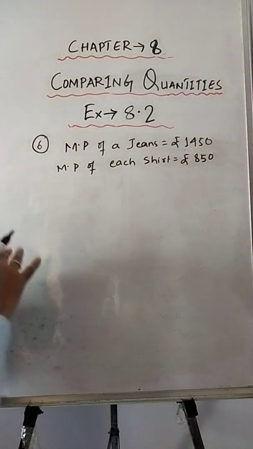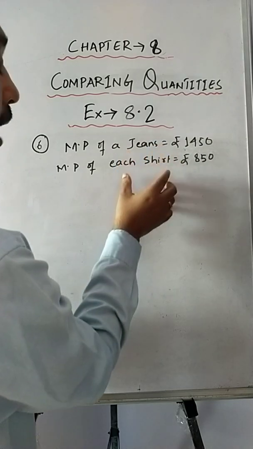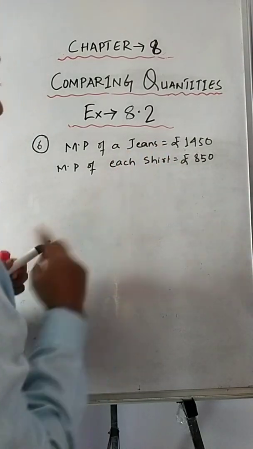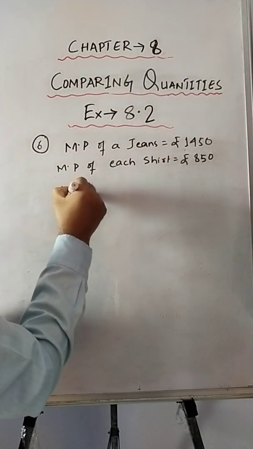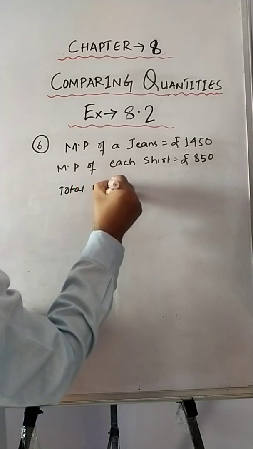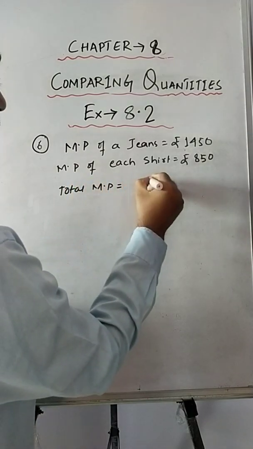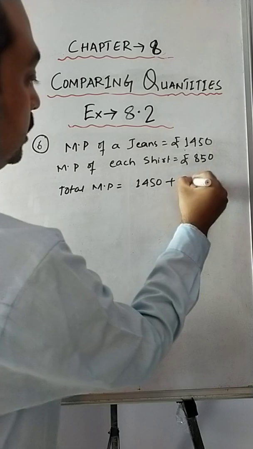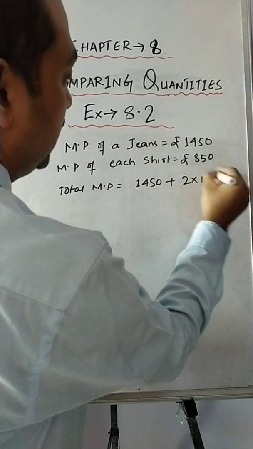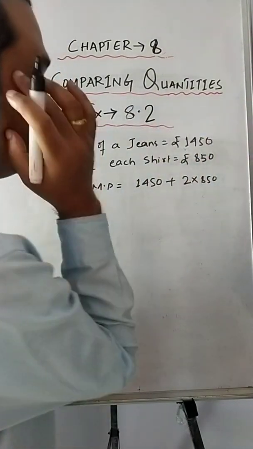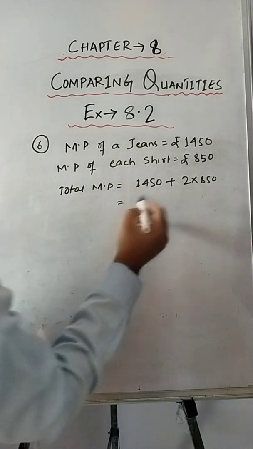Now he has chosen one jeans and two shirts, so what would be his total MP? One jeans and two shirts, and each shirt is costing 850.